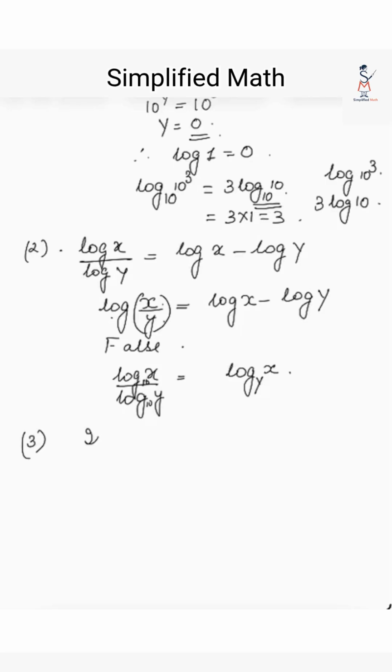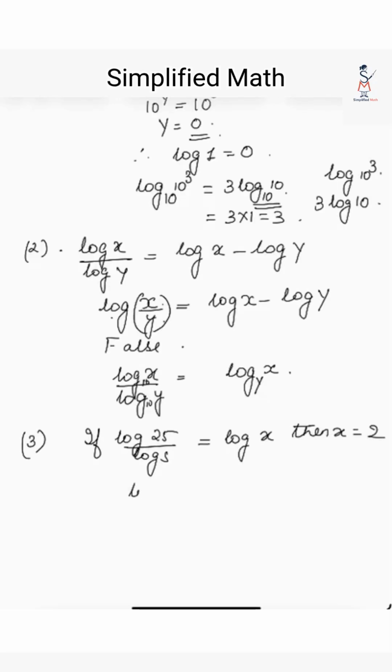Now the third one: if log 25 by log 5 is equal to log x, then x is 2. We will find the value of x. Log 25 can be written as log 5 raised to the power 2, since 5 square is 25, by log 5 is equal to log x.